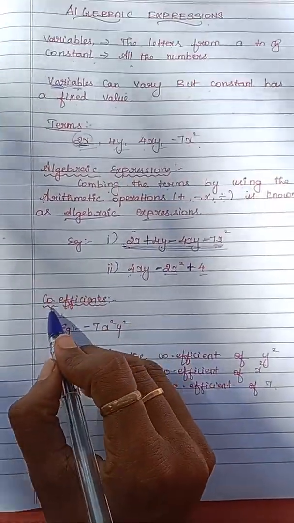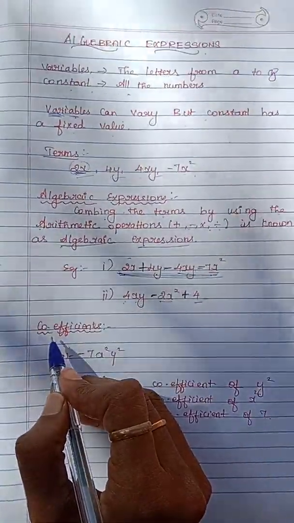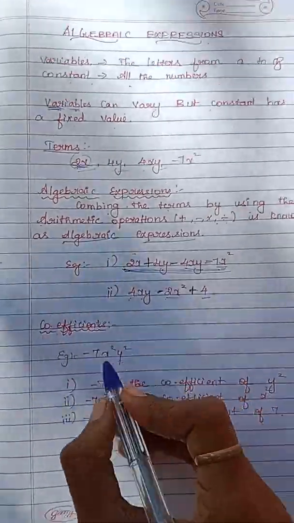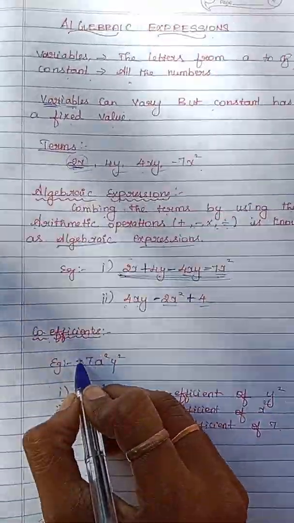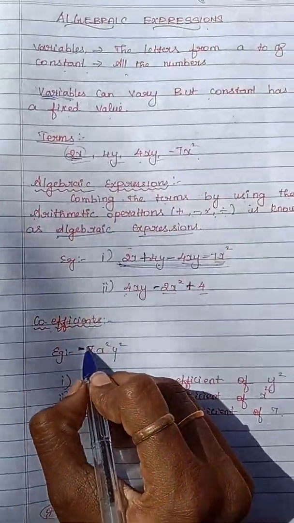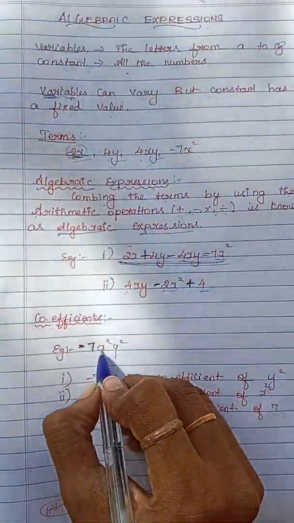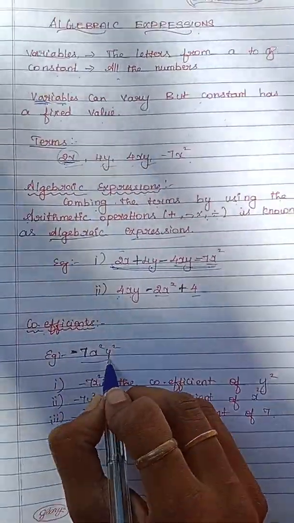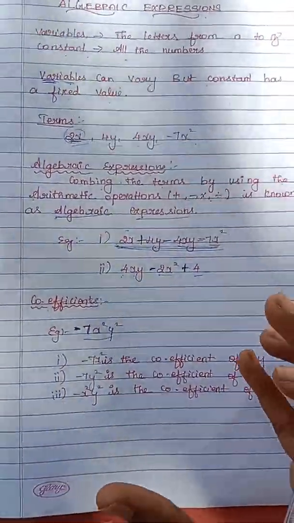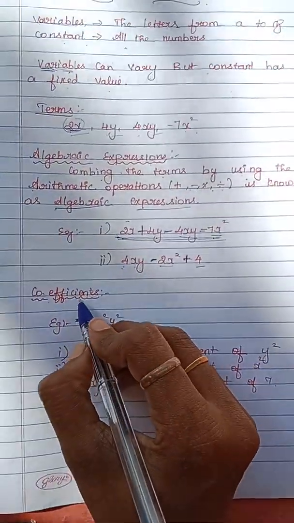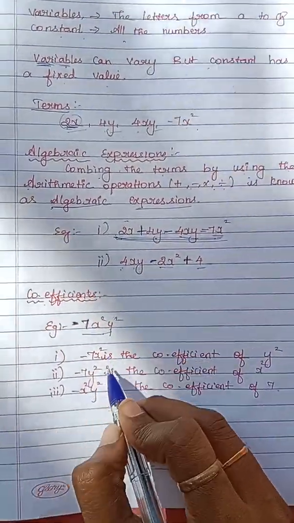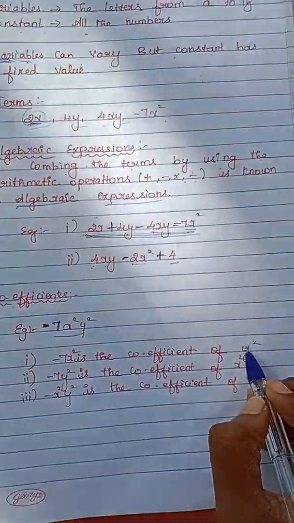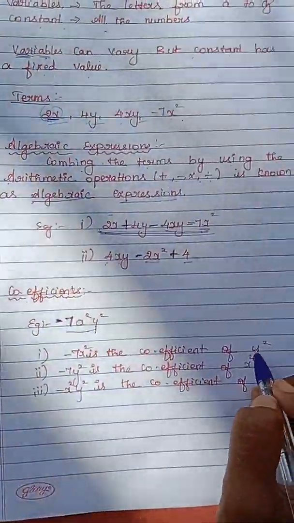Okay, next we come to the coefficient. What is a coefficient? For example, the expression is given by minus 7 x square y square. This is a whole algebraic expression. Now how can we write the coefficients for this expression? What is the coefficient of y square?